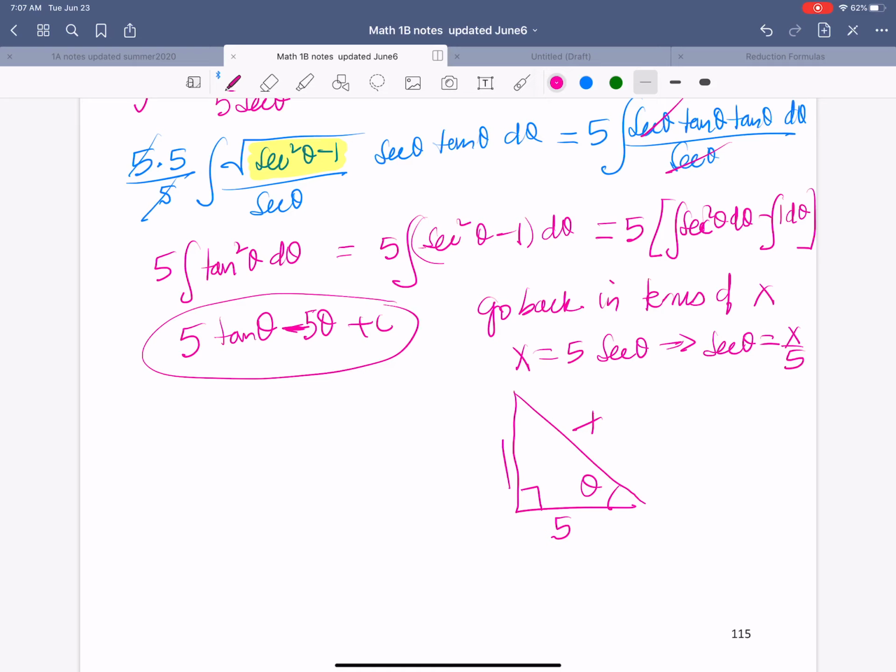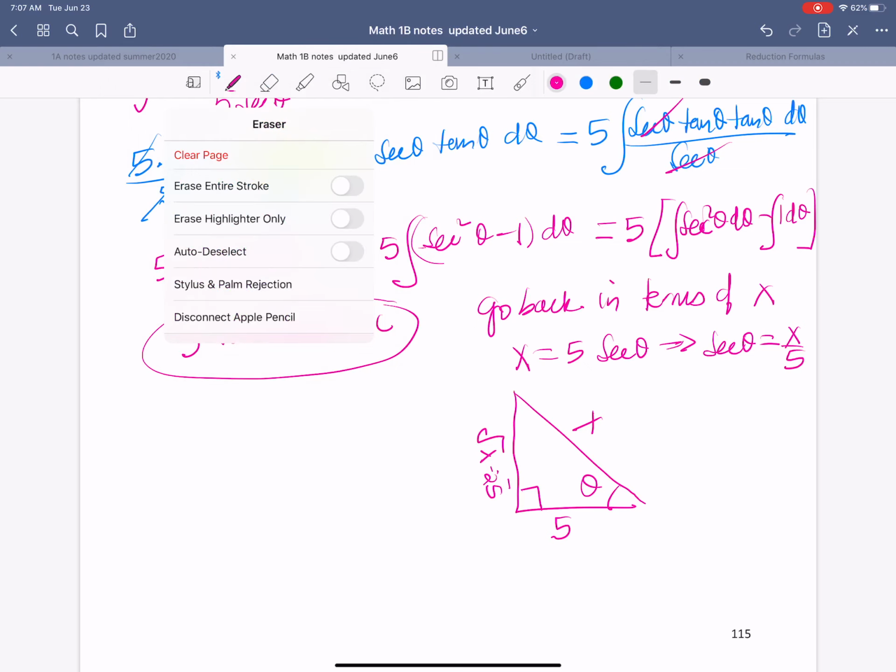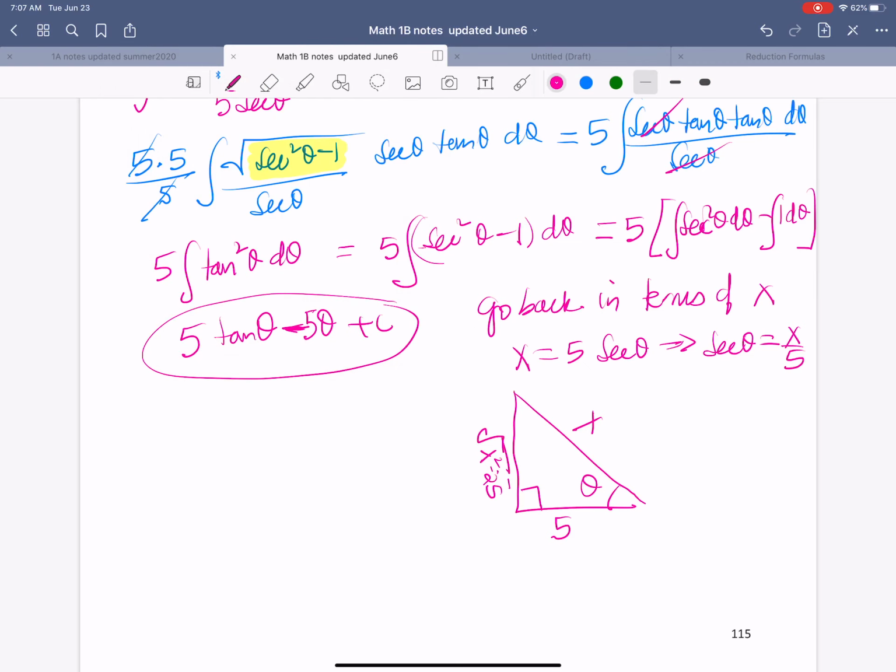And now the other leg would be the square root of x squared minus 25. Yep, adjacent over hypotenuse, hypotenuse over adjacent. Hypotenuse is x, adjacent is 5, and the other leg would be the square root of x squared minus 25 using the Pythagorean theorem.